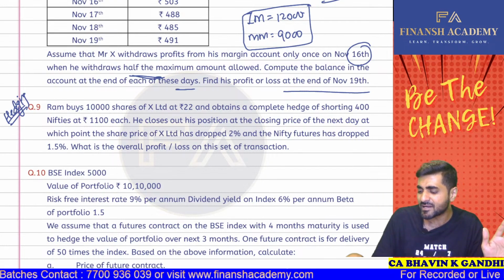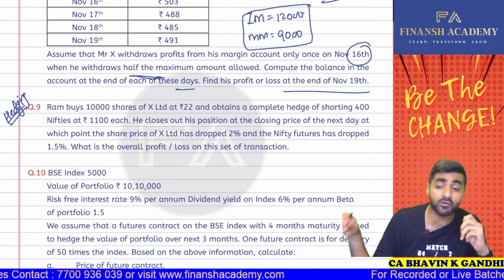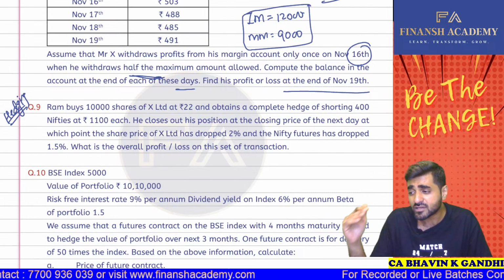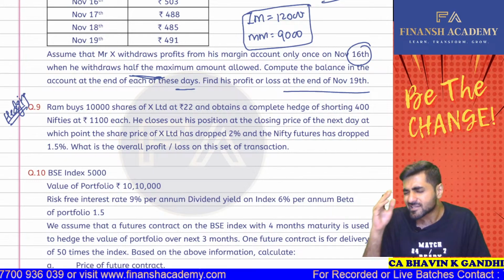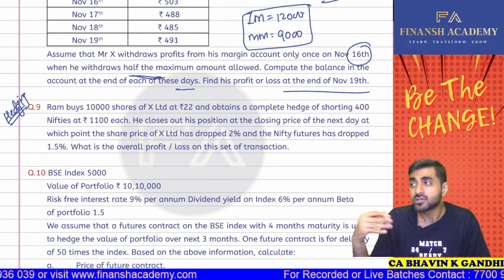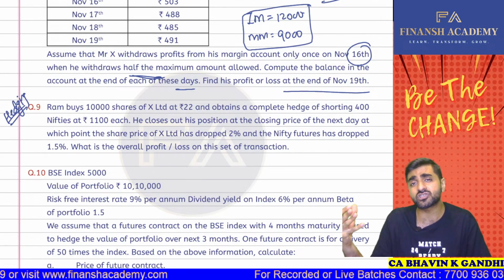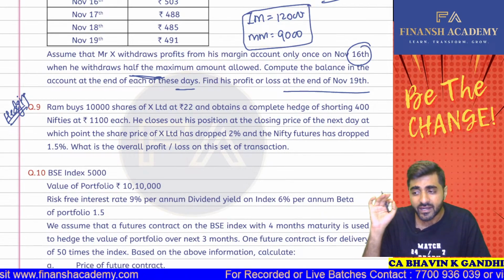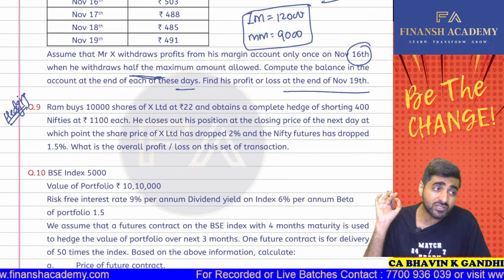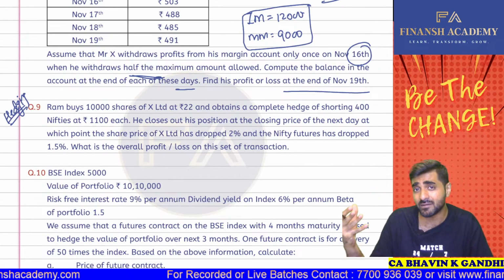So always remember this, my dear students, that when you want to hedge a particular portfolio, you first of all see what your position in the cash market is. Suppose your position in the cash market is long, then to hedge that, you have to see what derivative instrument is available.